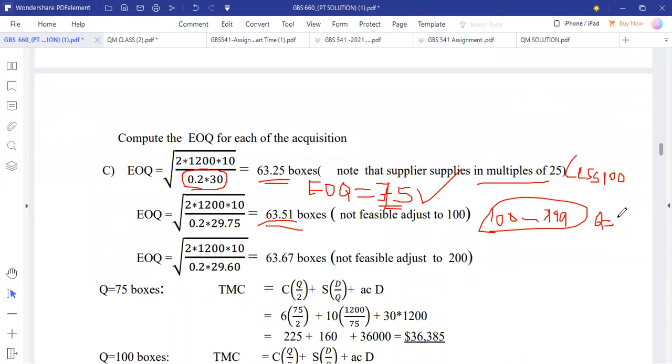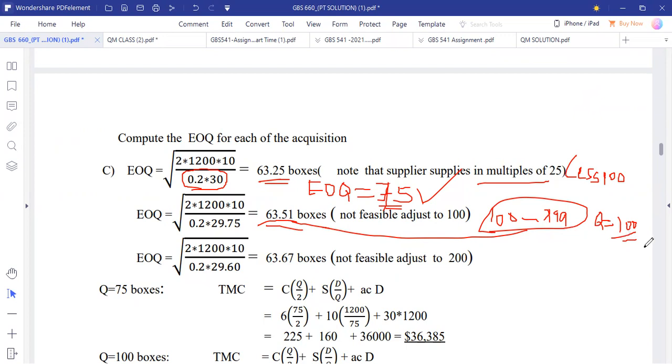Because this 63 does not fall in this range, it's not within that interval. So it's not feasible. So we should go for the minimum of the lower bound.